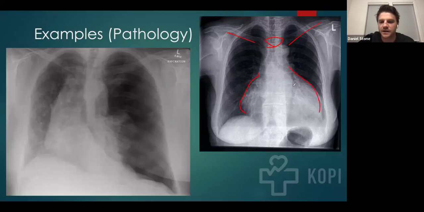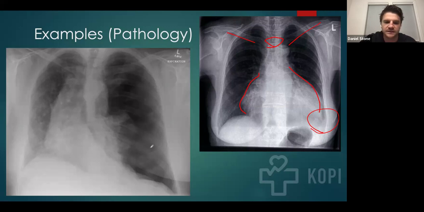This patient actually has a pericardial effusion. You can tell that there's also an effusion of the left lung base, a pleural effusion. And this patient has malignancy and presented with cardiac tamponade.